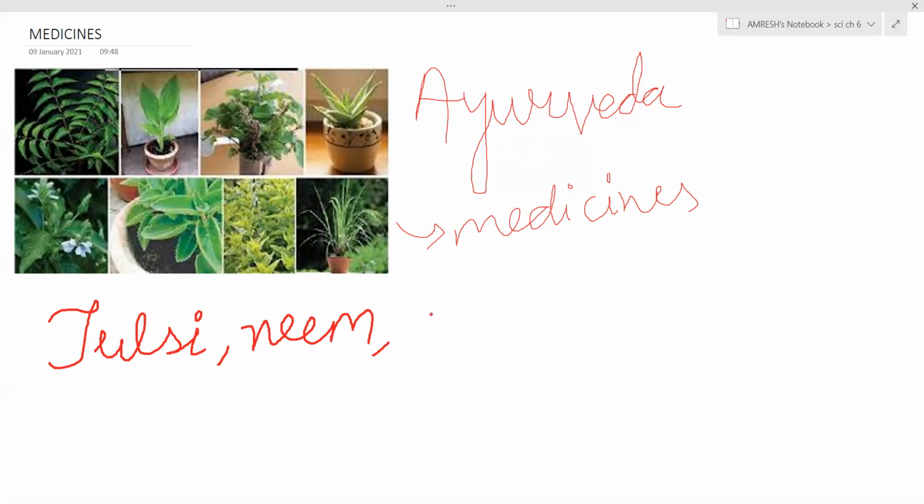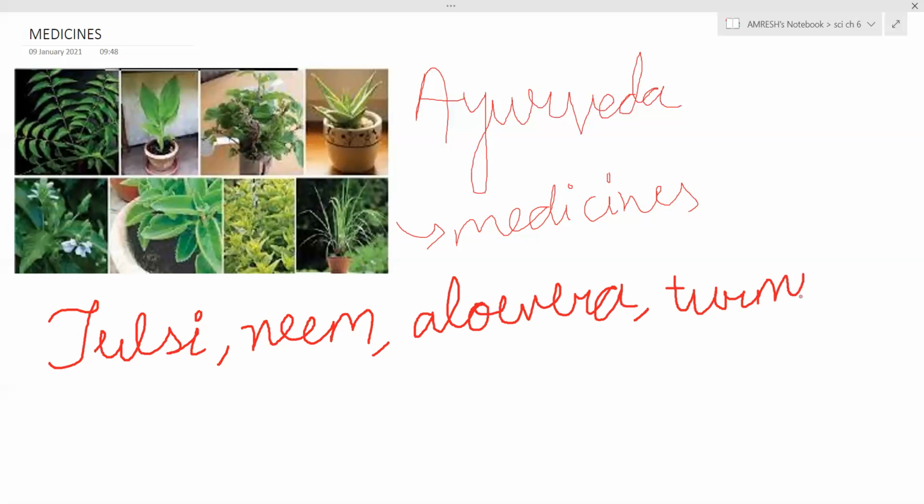Aloe vera is also a plant of high medicinal value. Then your turmeric. Your poppy plant is used to make certain kinds of drugs.